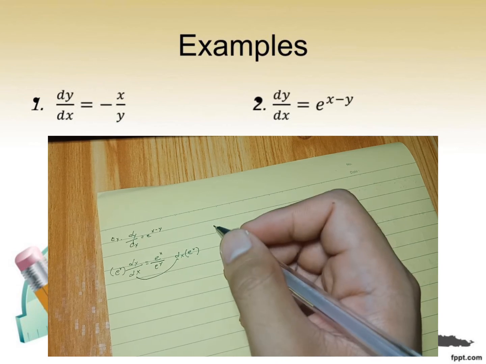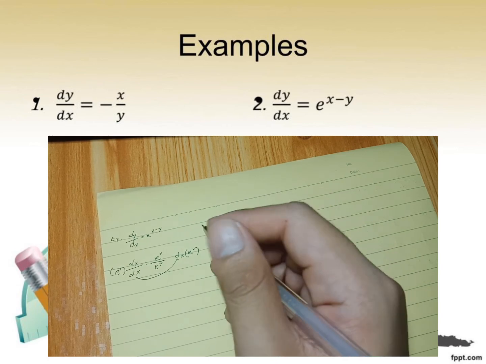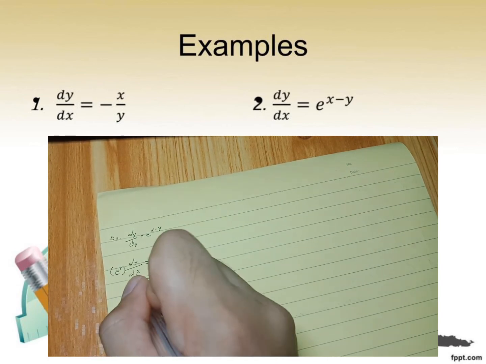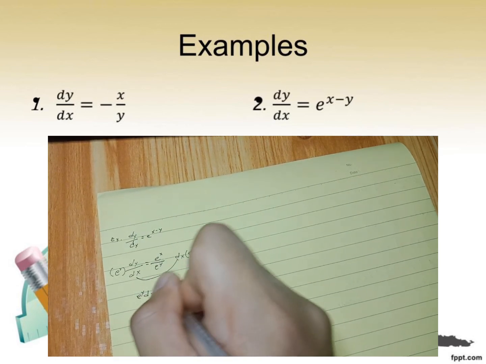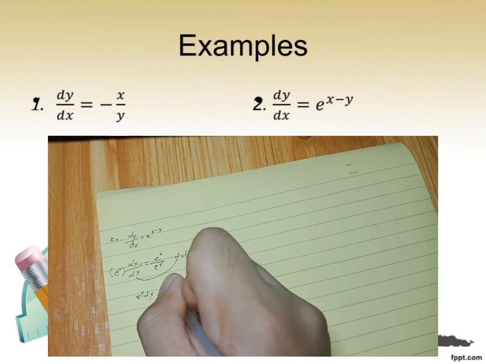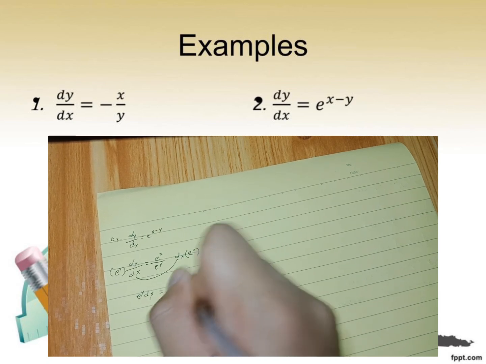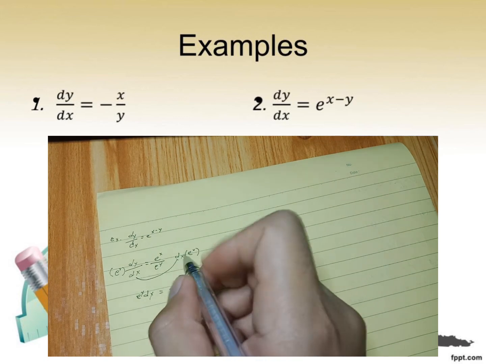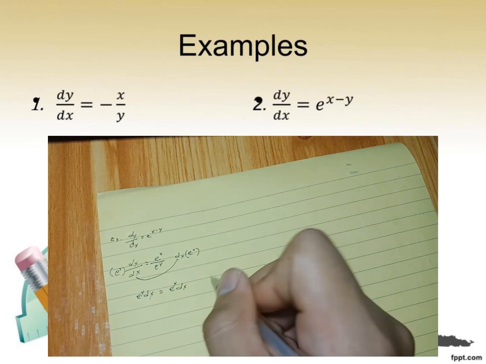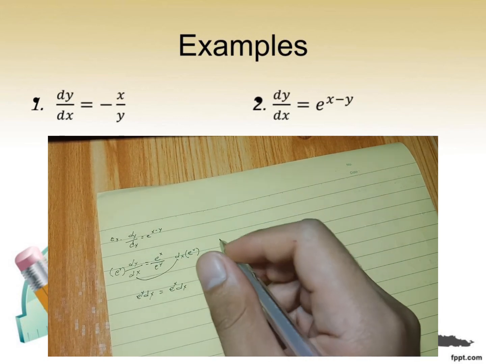So now we have e to the y dy equals e to the x dx. Now that the variables are separated, that's all.